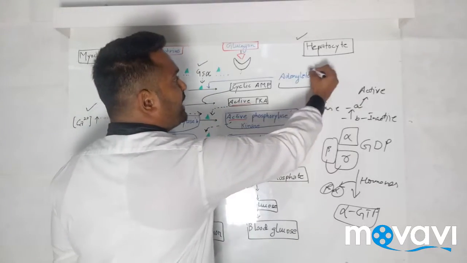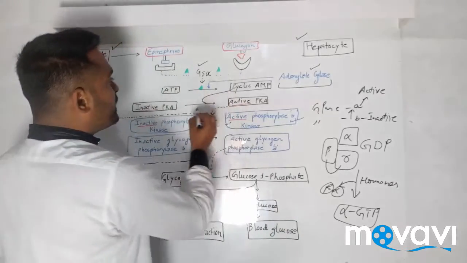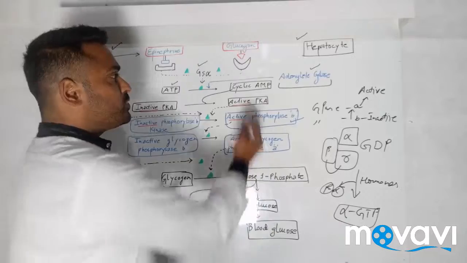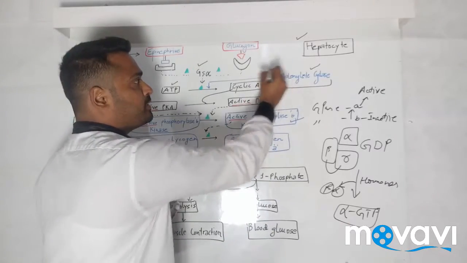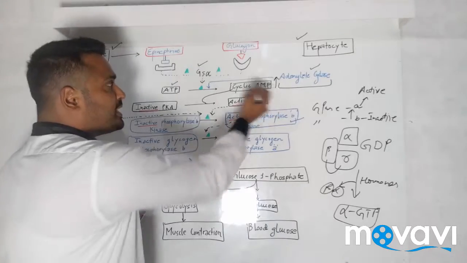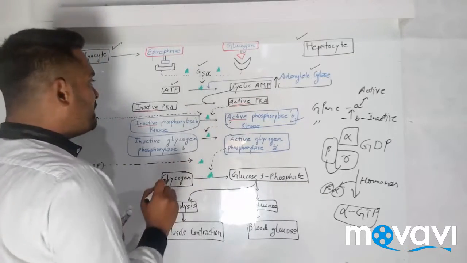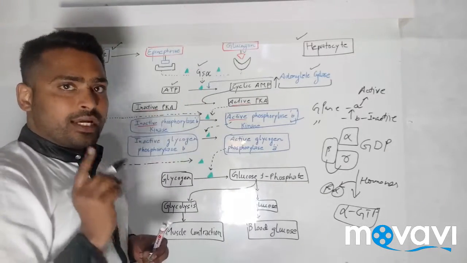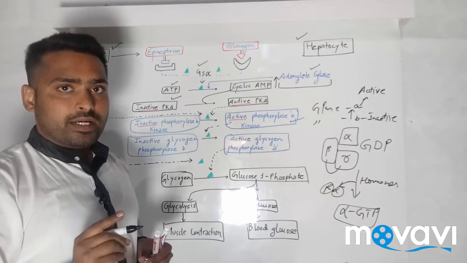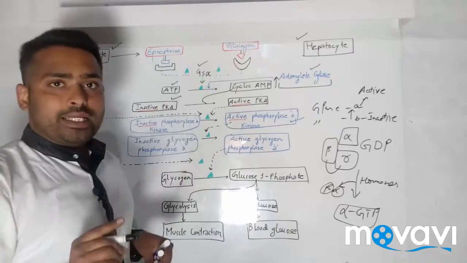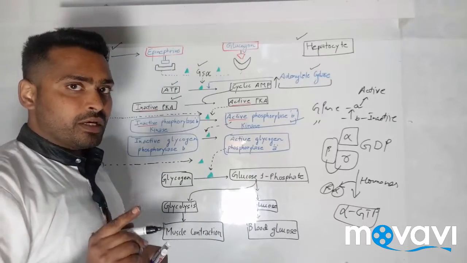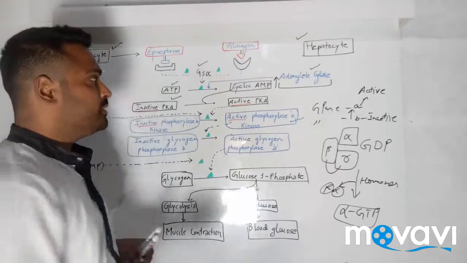Active adenylate cyclase would convert ATP into cyclic AMP. So now this is increased. Cyclic AMP is increased. This increased cAMP is going to activate another enzyme, which is known as PKA, that is protein kinase A. Kinase means it is going to phosphorylate something.